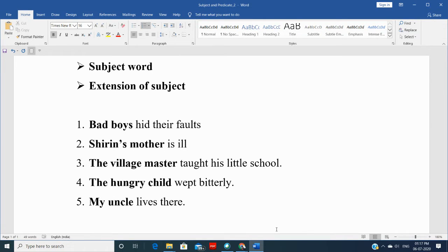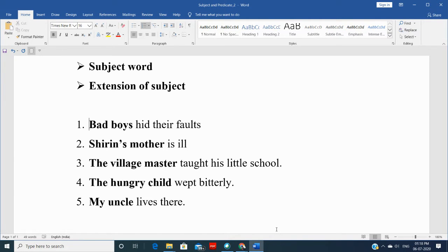Now let's find out what the important part is in this subject. Let me explain what I mean by important part. In the subject part of your sentence, there are some words, or a word, it's 99% a single word only, without which you cannot make the sentence.